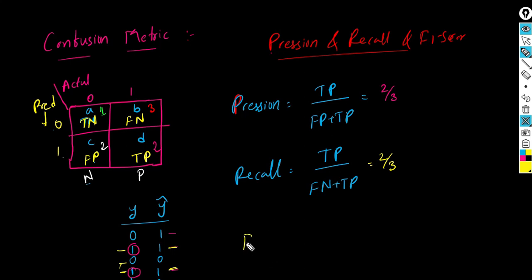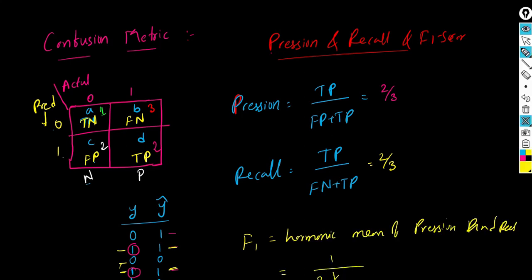Now F1-Score. F1-Score is the harmonic mean of these 2 things. It is equal to 1 by 2 into (1 by precision plus 1 by recall). By this way we get 2 into precision into recall by precision plus recall.